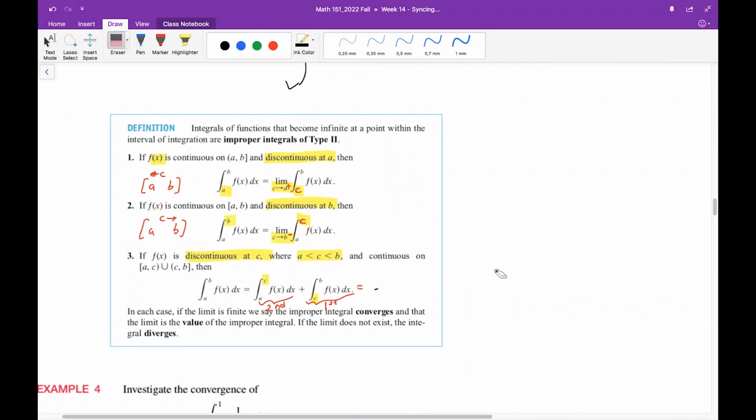In the first case, the function has a discontinuity point at x equals a. That's why we put another variable named c there, and then you need to send this variable c to the lower bound a from the upper direction, so plus direction, a right-hand side limit. And similarly here, we have a discontinuity at the upper bound. That's why I put c there, and then I need to send c to b from the lower direction. That's why this kind of one-sided limit.